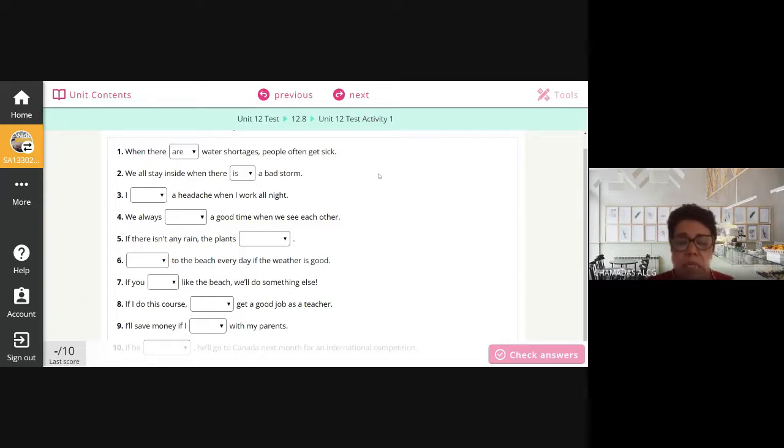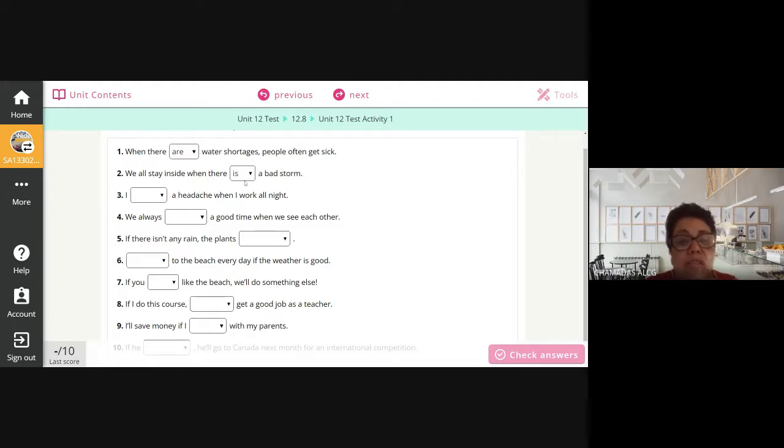The zero conditional is when I'm talking about a general fact, something that is always true, something that always happens. We all stay inside when there is a bad storm. This is what usually happens. Suppose there is a bad storm. So we all stay inside.